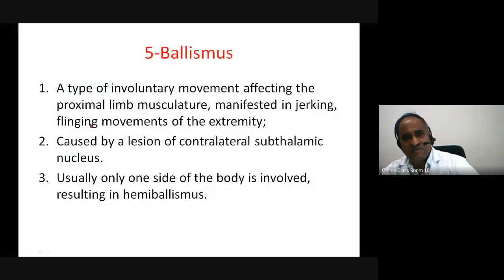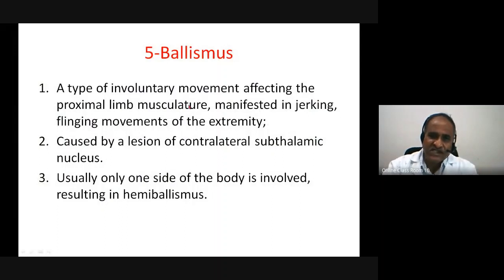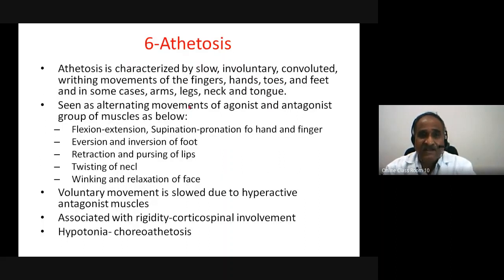The ballismus I mentioned, usually one-sided. These are flail-like movements, jerky movements. You saw those two ladies throwing their limbs in different postures. Then athetosis. Athetosis are slow writhing movements. You can just see these slow writhing movements continuously.